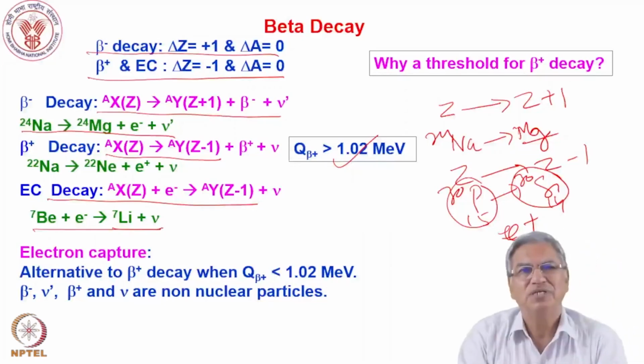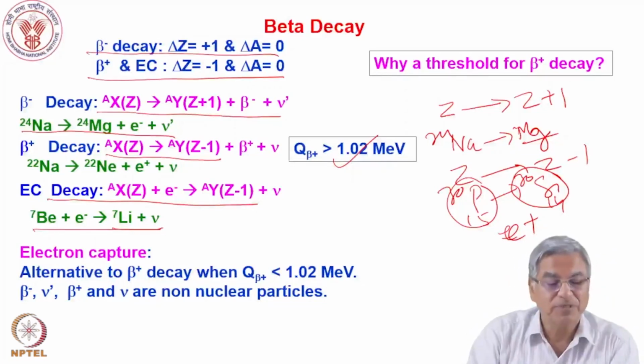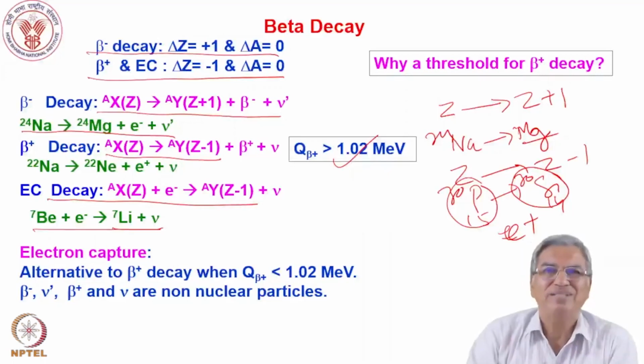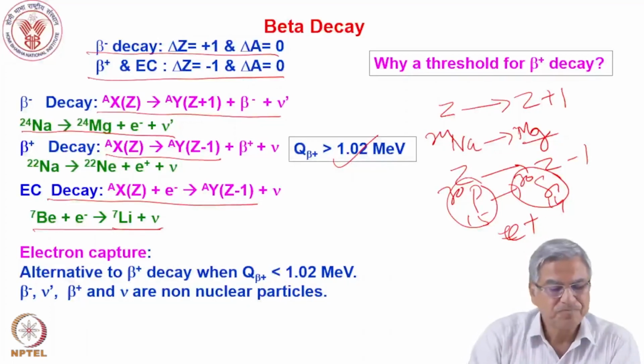In this process no particle is emitted, but when the electron is captured by beryllium, lithium 7 will have a hole in the K shell and there will be emission of X-rays from the atoms. So electron capture is always accompanied by emission of X-rays and also Auger electrons.